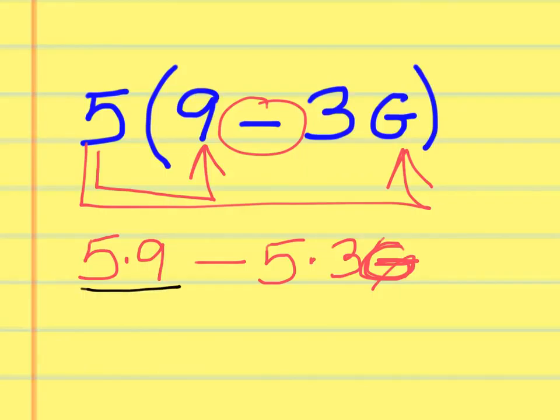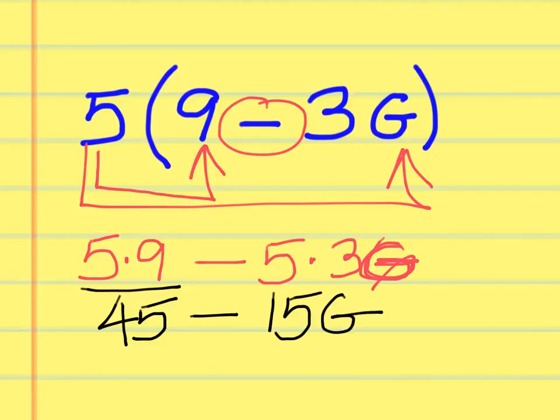Now 5 times 9 is 45. Keep the minus. You can multiply terms that are not like. You just can't add and subtract them. So 5 times 3g would give me how many g's? 15. So 15g. 45 minus 15g.